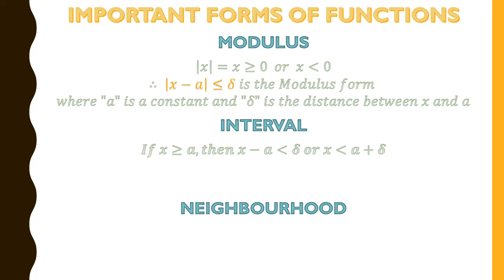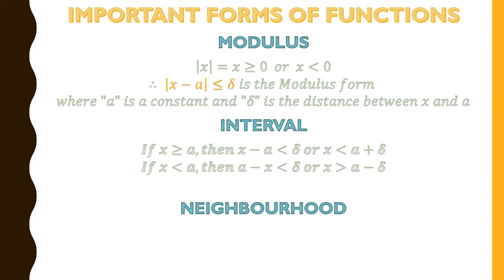So if x minus a is less than delta, then we can change the side of a to get x is less than a plus delta. The last part I have written here, x is less than a plus delta. Inversely, if we assume that x is less than a, then we have to say that a is greater than x. So a minus x should be less than delta.